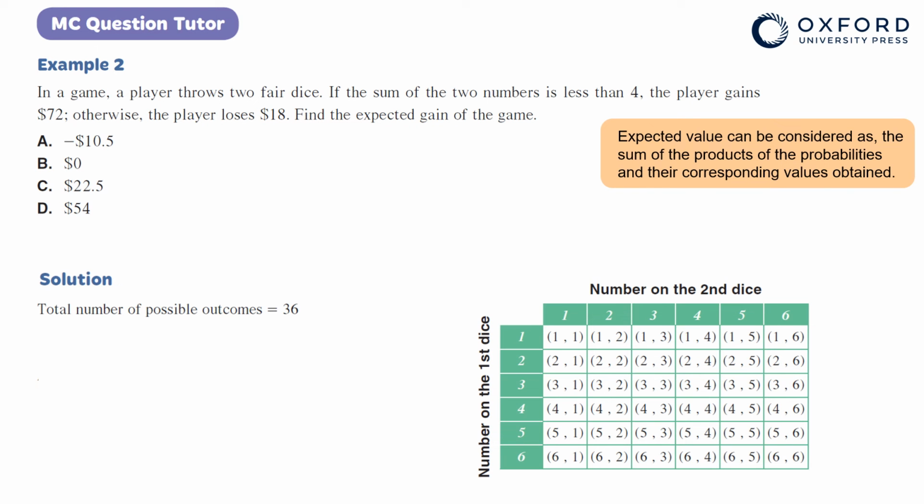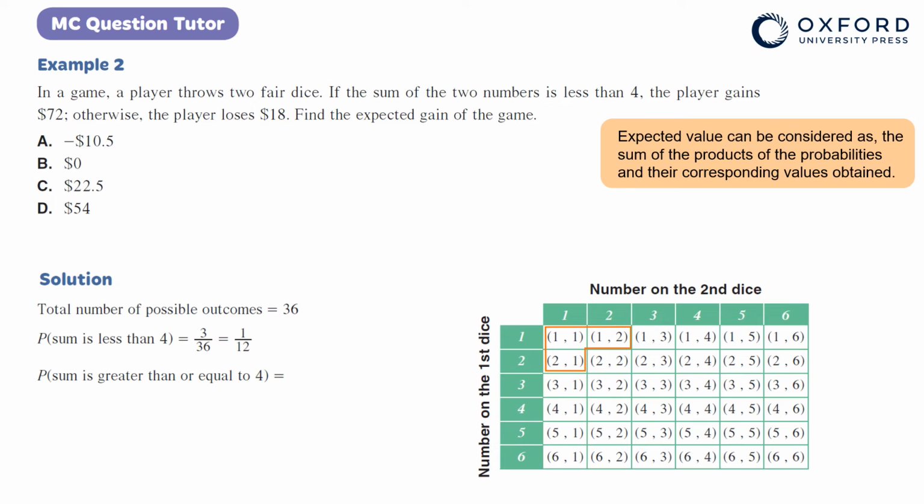Let's find the probability that the sum of the 2 numbers is less than 4, and the probability that the sum of the 2 numbers is greater than or equal to 4 first. From the table, the sum is less than 4 for these 3 outcomes only. So, the probability that the sum of the 2 numbers is less than 4 is 3/36, which is equal to 1/12.